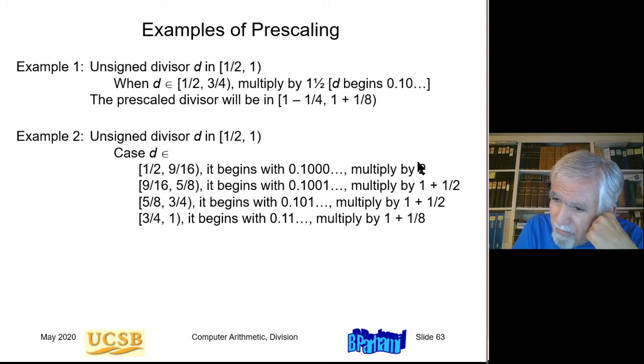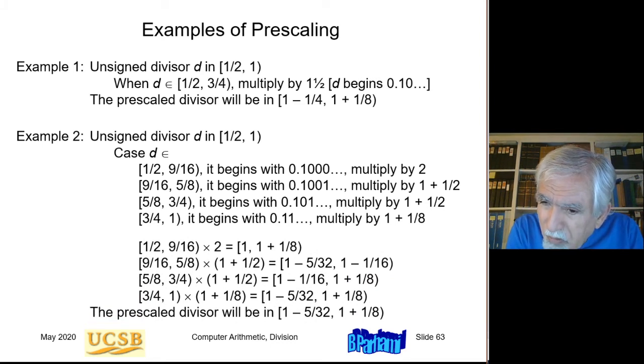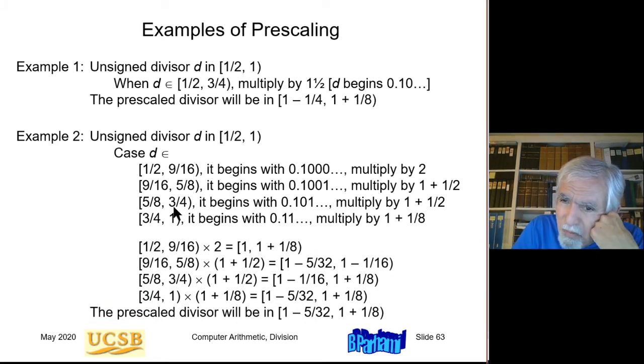Notice that all of these scale factors are such that I can multiply by them using shift and add. Multiply by 2 is simply shift. Multiply by 1.5, shift and add. Multiply by 1 plus 1/8 is shift and add. Once I do this in this example, these are the new ranges of the divisor. A divisor that was originally in the range 1/2 to 9/16, when multiplied by 2, will be in the range 1 to 1 plus 1/8, and so on.